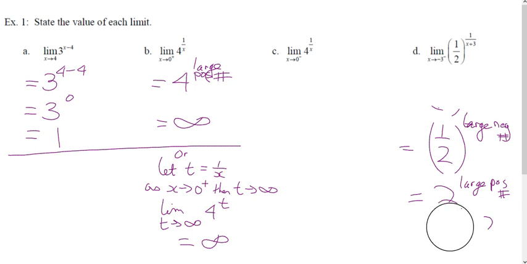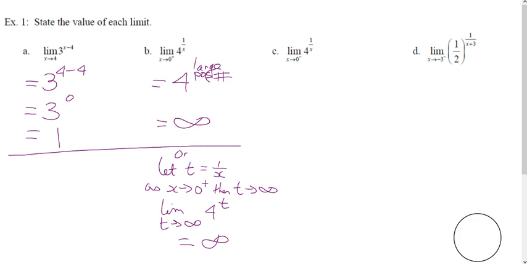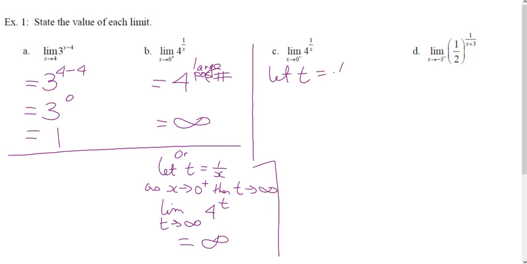Okay, and then we can do the same thing. I'm just going to wipe these out because you've already written them down. So same deal, right? Let's do this a slightly different way. Let t equal 1 over x. Then as x approaches 0 from the left, what does t do? So we have 1 over very small negative, right?